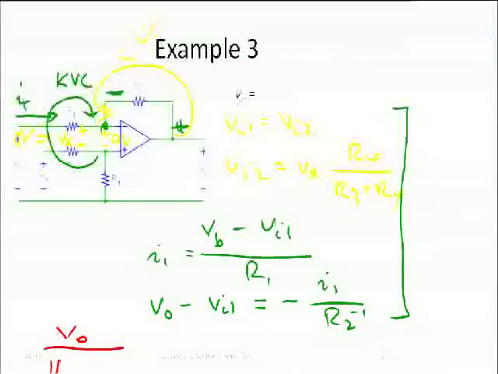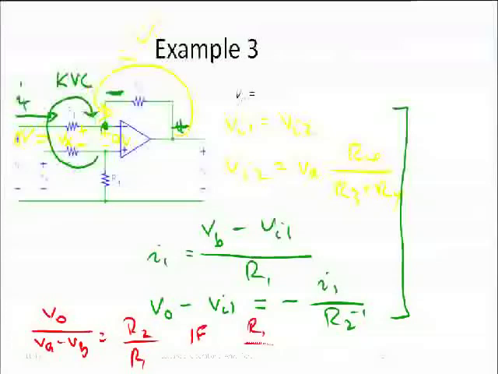Vout over VA minus VB is equal to R2 over R1 if we choose R1 over R2 equals R3 over R4. Okay, so that's one solution.